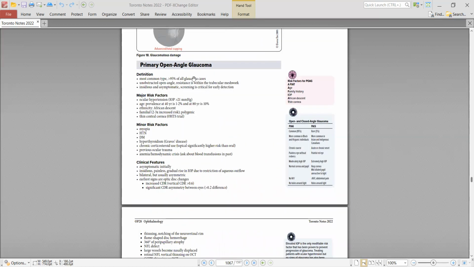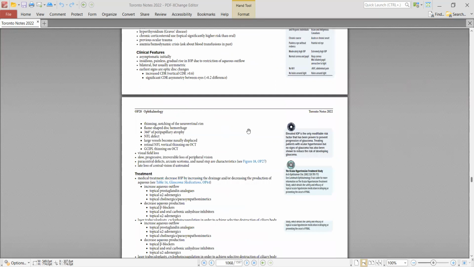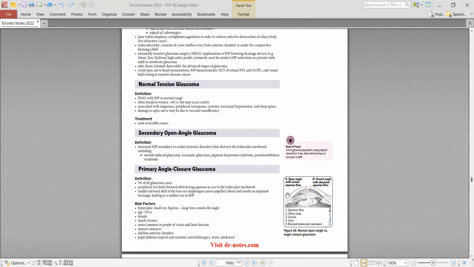Primary open angle glaucoma is the most common type, with an unobstructed open angle. This is the angle I will show here. This is a normal open angle with normal aqueous flow.